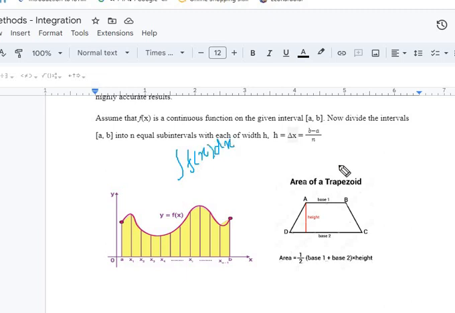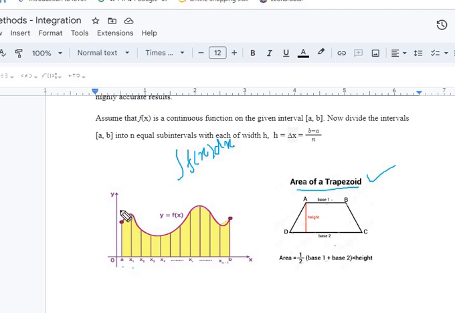So how do we find the area under this curve? One can consider the area of a trapezoid. What is the formula for a trapezoid? The area is simply base 1 plus base 2, and the height between base 1 and base 2. In the same way, just consider this is x0 and this is x1.